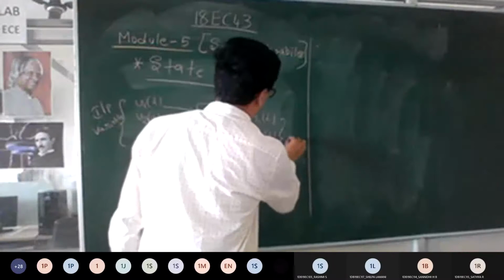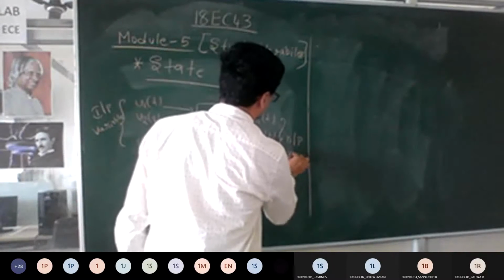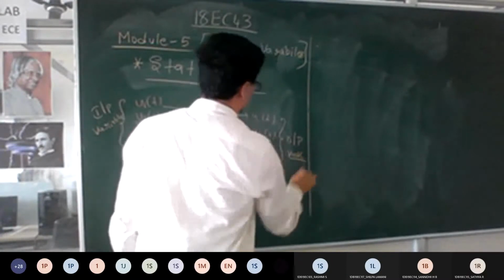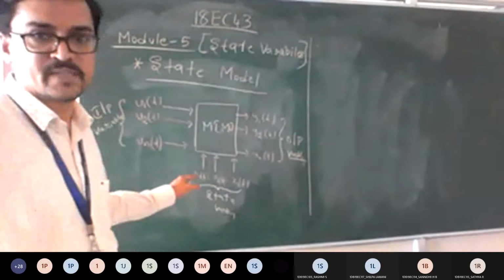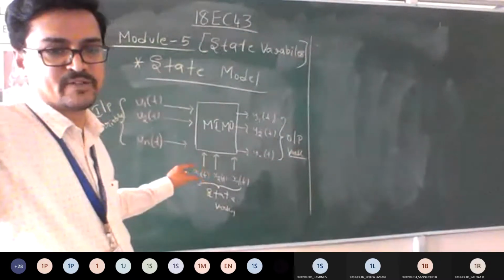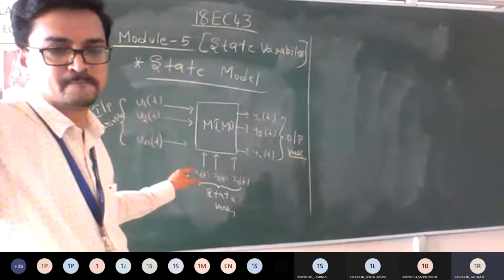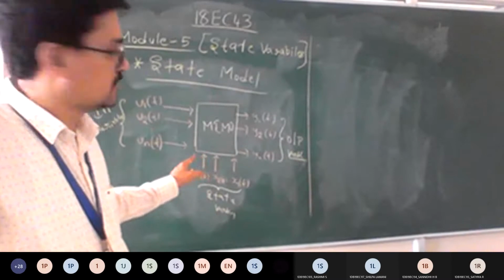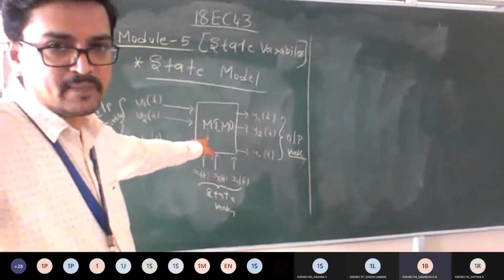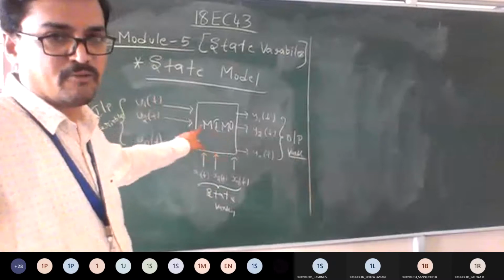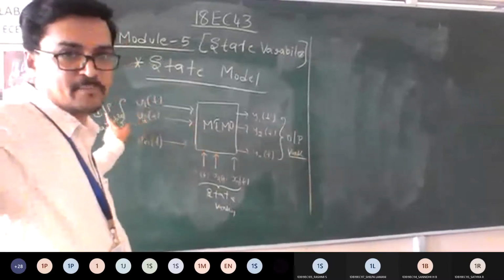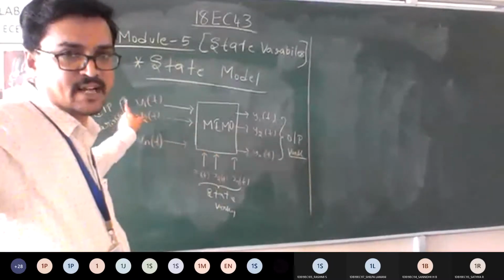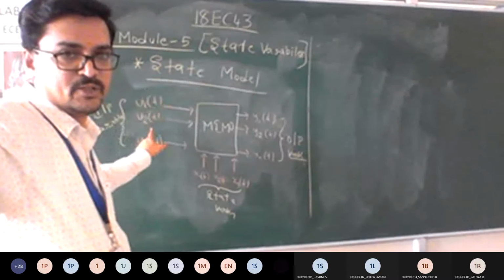So you got the block diagram for the state model. Is it fine to everyone? The diagram is clear. MIMO, multiple input, multiple output, for which I am providing input variables designated as u1 of t, so on till un.